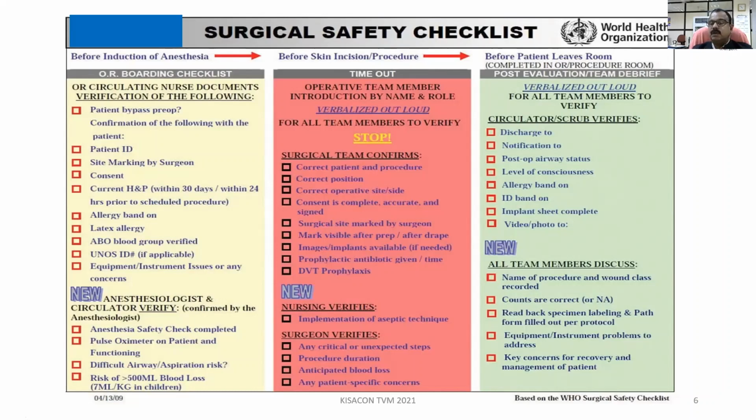After the surgery, we look at the level of consciousness, we look at the ID band, we look at the counts with regard to the surgeon, counts with regard to the nurses, counts with regard to the anesthesia team, all of them are checked.